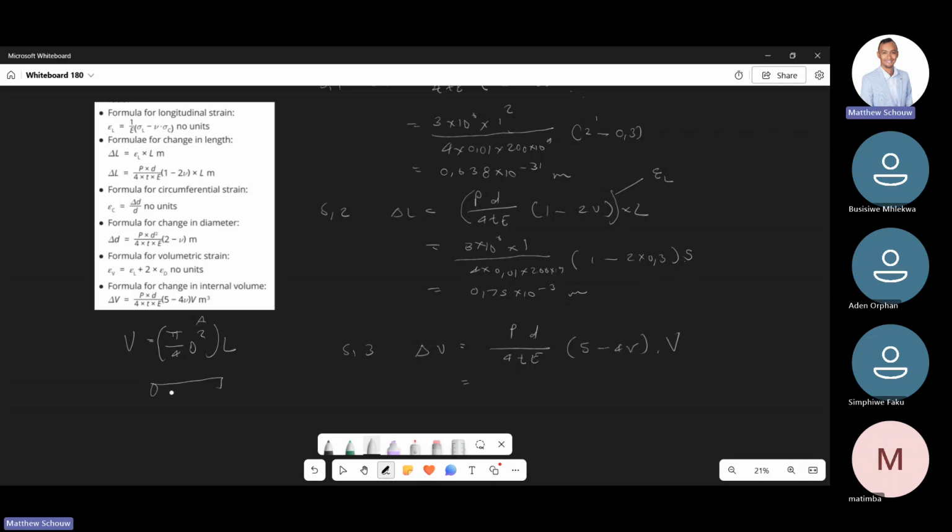So now you have the diameter and you have the length. The length is given as 5. So I calculate the volume for you here: pi over 4, diameter is 1, 1 squared times 5. That should give you an answer of around 3.927 meters cubed. Guys, please know your basic mensuration formulas, the volumes.